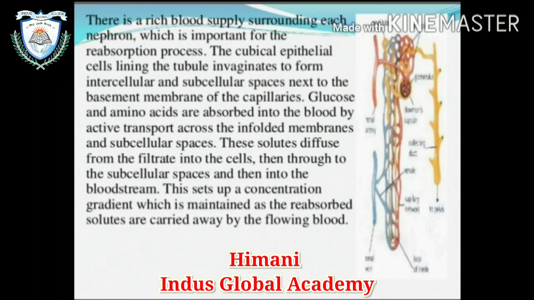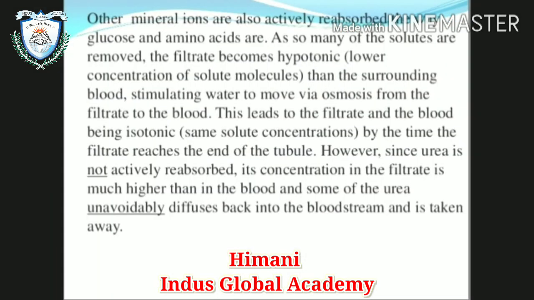This solute will diffuse from the filtrate to the cell, then through to the subcellular spaces and then into the bloodstream. This sets up a concentration gradient which is maintained as the reabsorbed solutes are carried away by the flowing blood. Other mineral ions are also actively absorbed like glucose and amino acids.